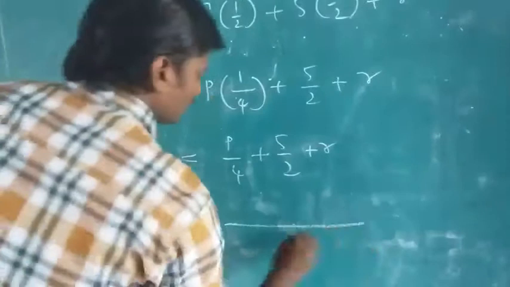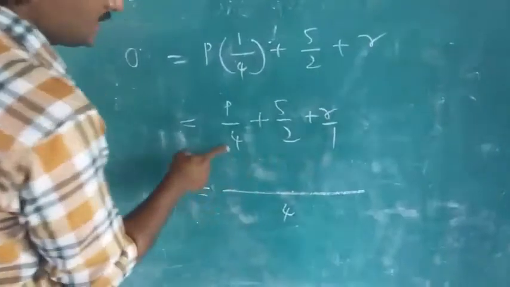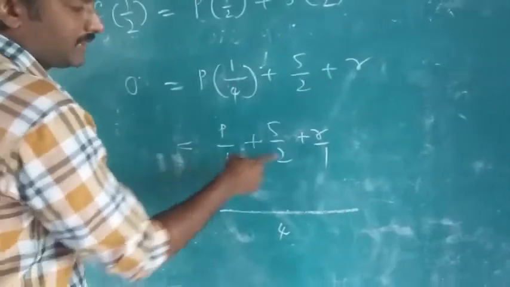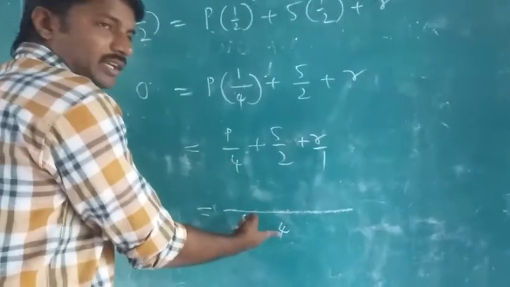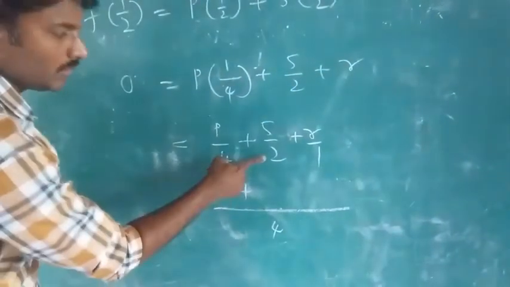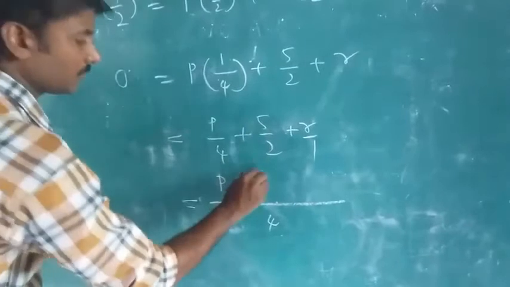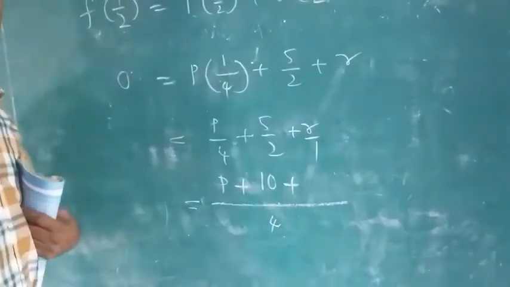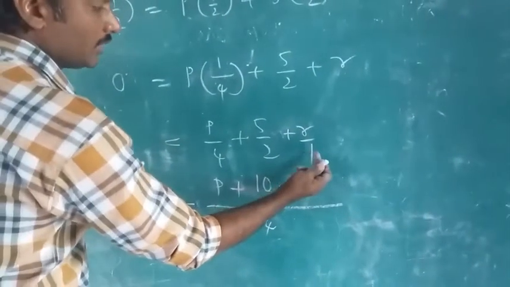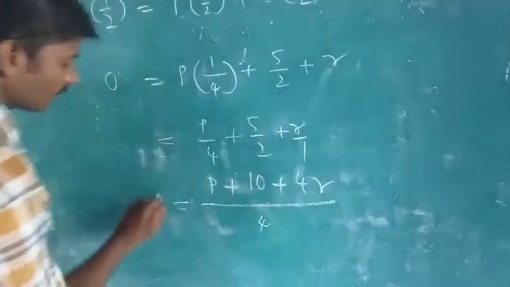Here take LCM, children. 4 is the LCM. In 4, 4 comes 1 time, so 1 into p as it is. In 2, 4 comes 2 times, so 2 multiplied with 5. In 1, 4 into r, 4r, is equal to 0.